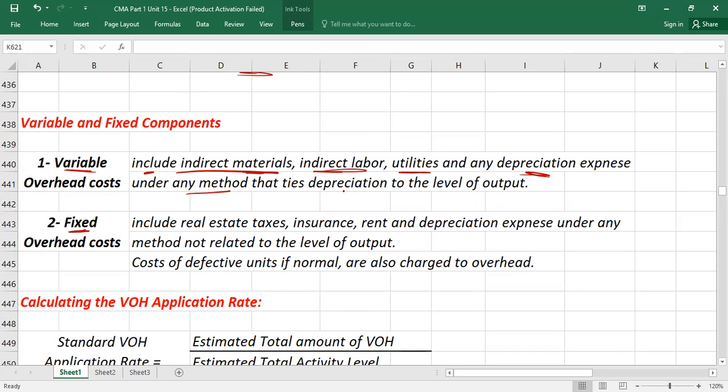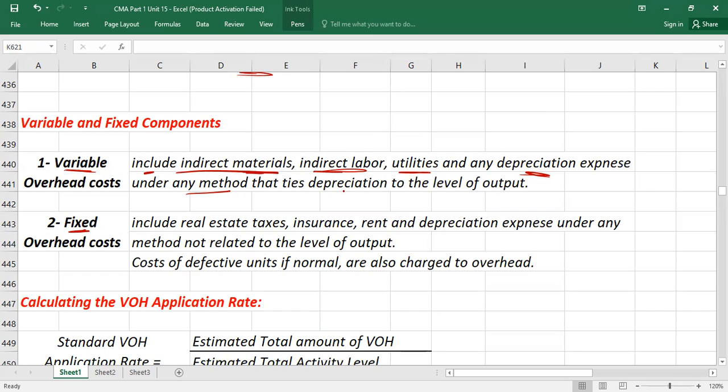You are producing more or less, but you are calculating the same depreciation in the straight line method, right or wrong? Even if you are producing more or less, you are calculating depreciation using the reducing balance method, which has no relation with the output. So normal depreciation is treated as a kind of fixed overhead.